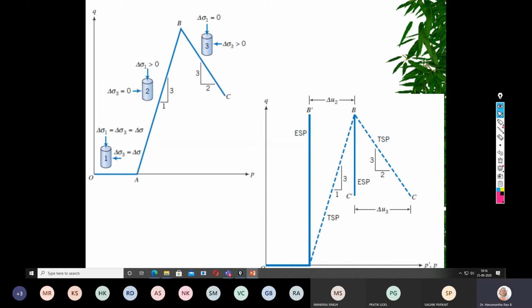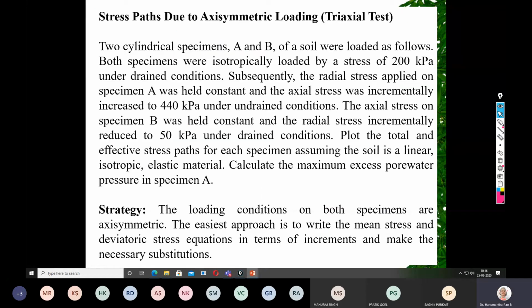This is a small example on the stress path. If you want to note it down, you can. Two cylindrical specimens A and B of a soil were loaded as follows. Both specimens were isotropically loaded by a stress of 200 kilopascals under drained condition. Subsequently, the radial stress applied on specimen A was held constant and the axial stress was incrementally increased to 440 kilopascals under undrained conditions.